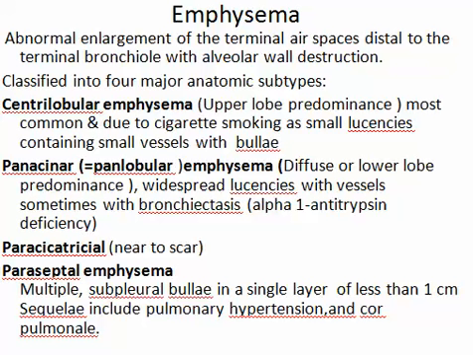The paracicatricial needs to have a scar to be pulled, and paraseptal means it is something subpleural, appearing as multiple subpleural bullae of less than 1 centimeter. The complication of emphysema as a whole is cor pulmonale.